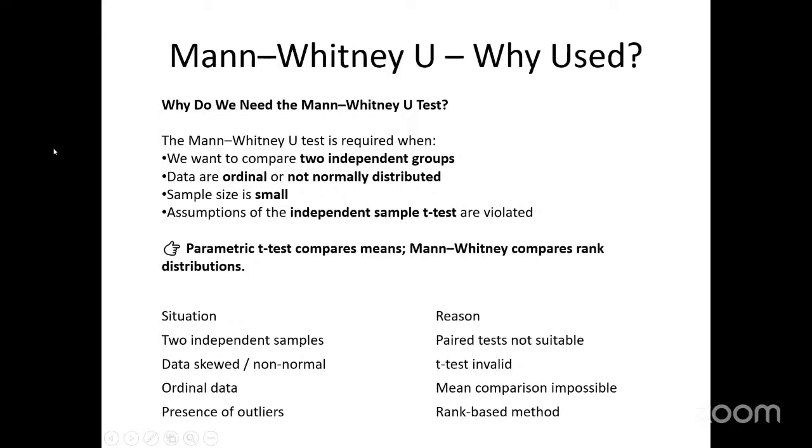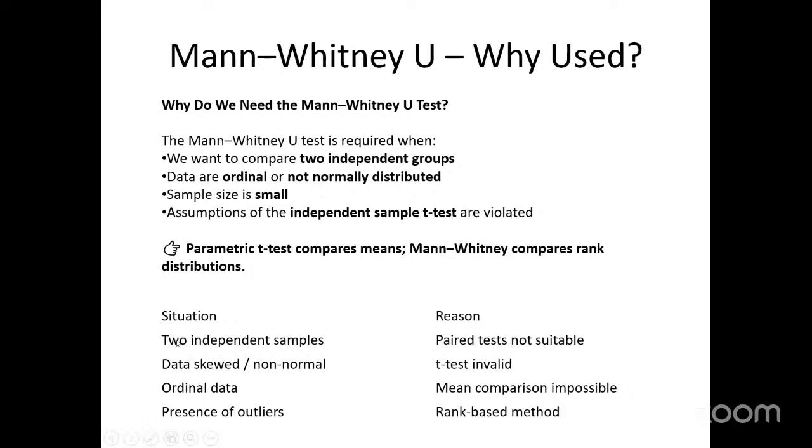I have already covered those, so I am referring to the link for the previous lecture and not re-explaining them. Keep in mind that the most important assumption is the normal distribution. Here, the distribution of the data is not normal. This is the main and most crucial assumption which is getting violated.